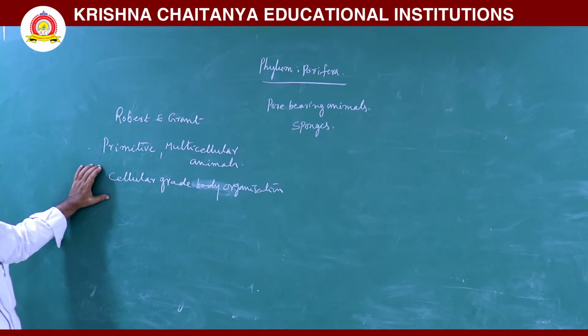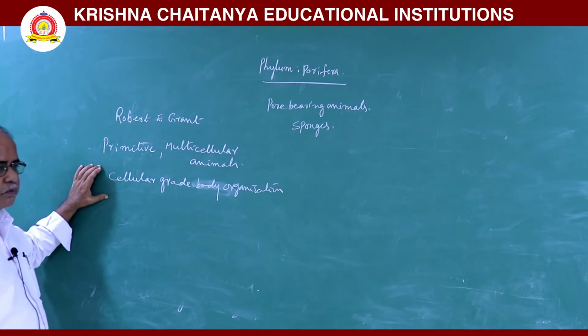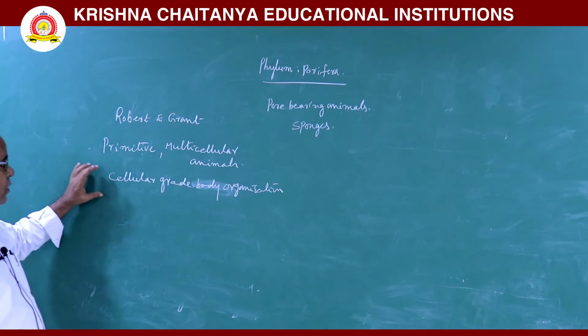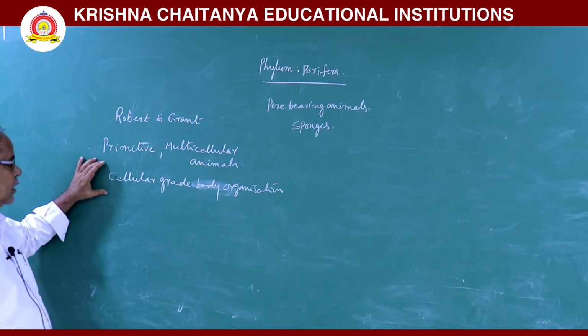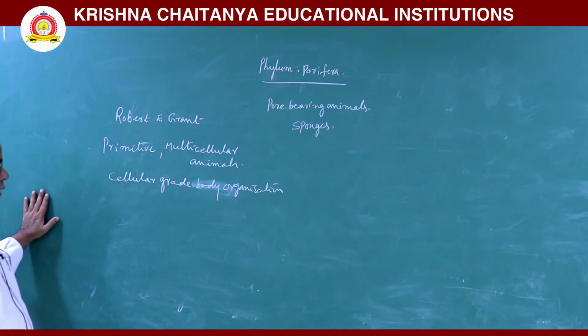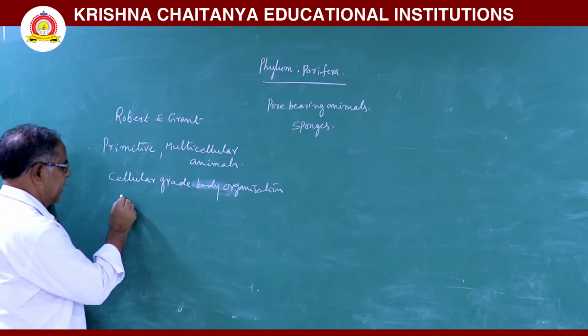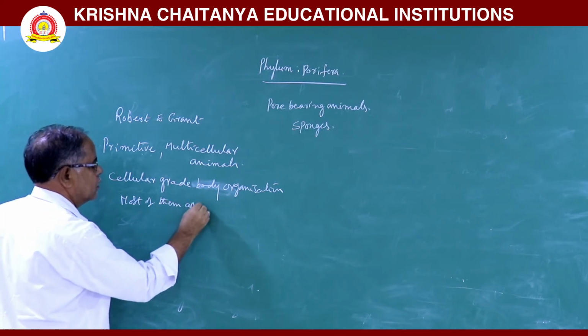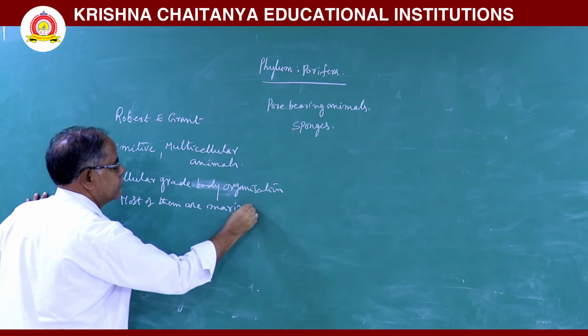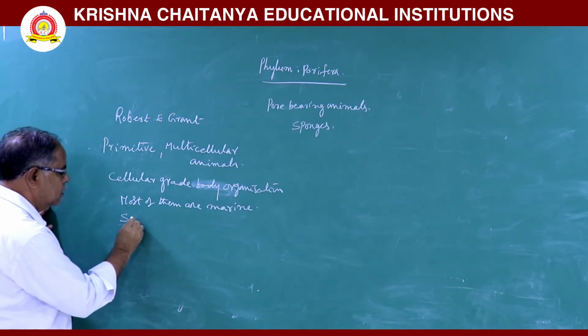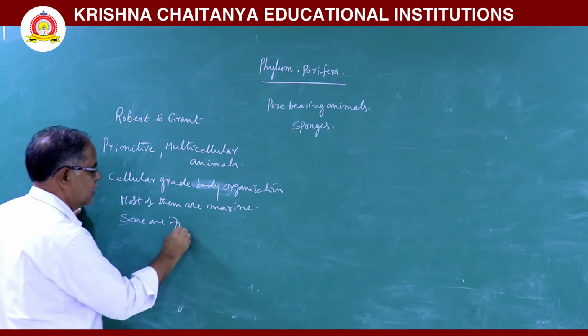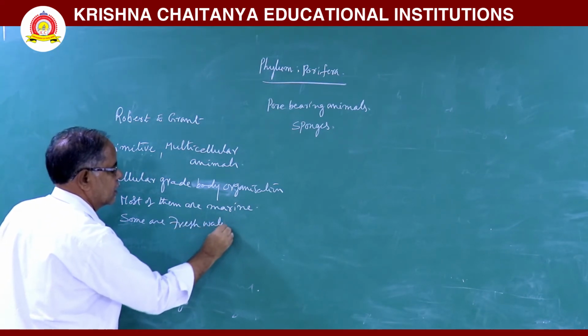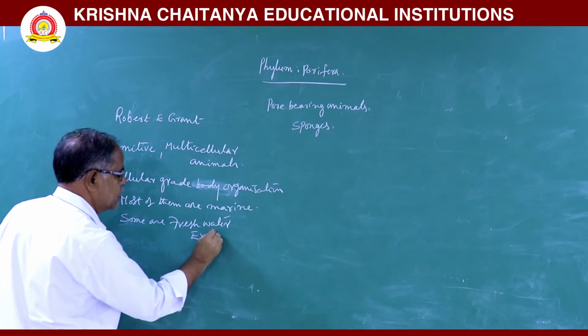These cells are loosely aggregated. Here tissues are not formed. So this type of body organization is called cellular grade body organization. Next, most of them are marine, but some are freshwater animals. For example, Spongilla is a freshwater sponge.